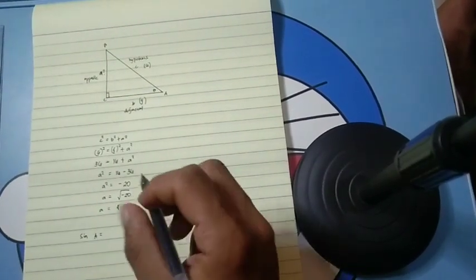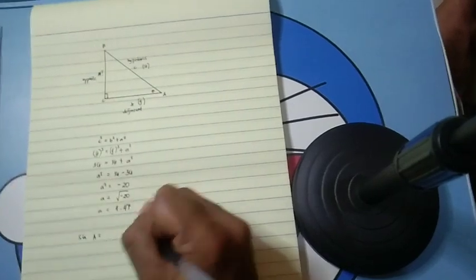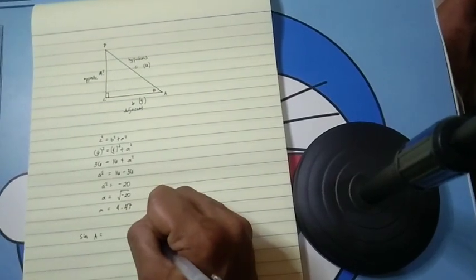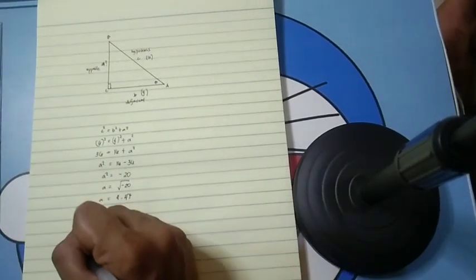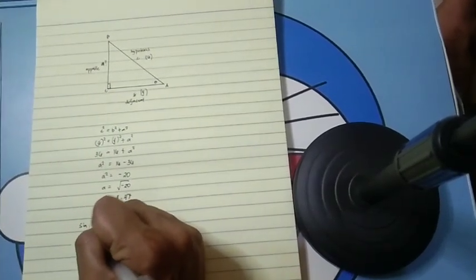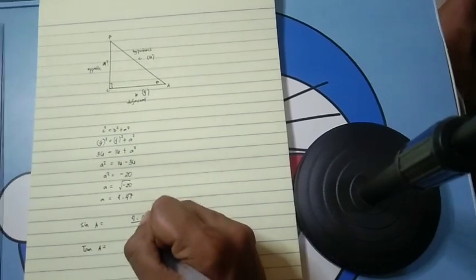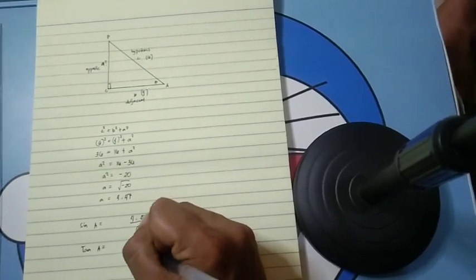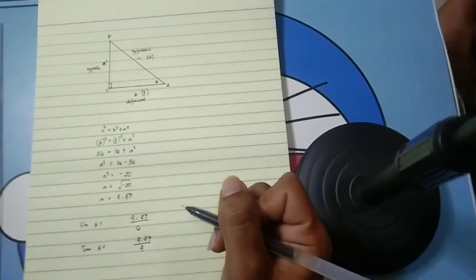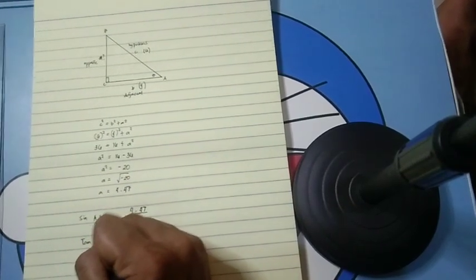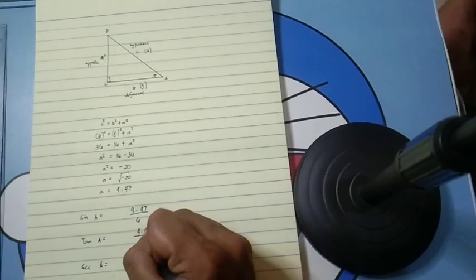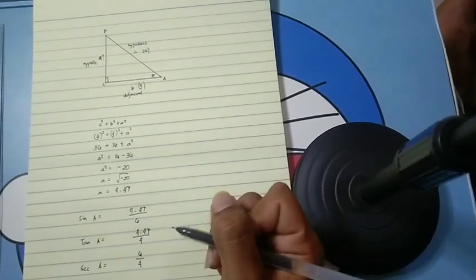So sine A is equal to 4.47 over 6. And then tan A is equal to 4.47 over 4. Secant A is equal to 6 over 4.